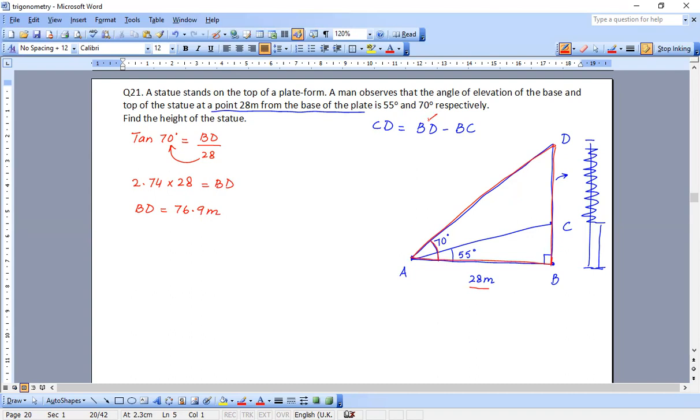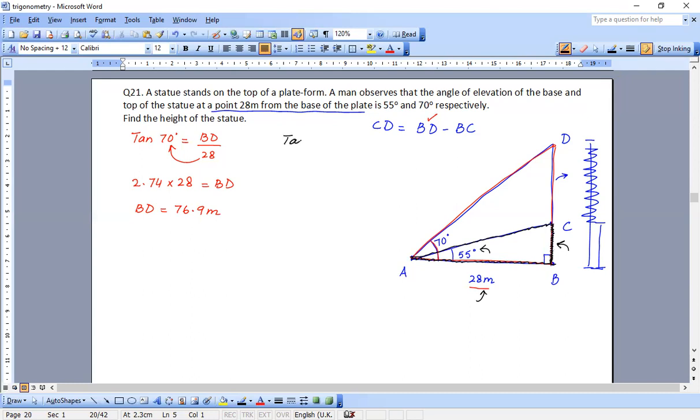I've calculated BD. Now I'm left with BC. Where is BC? If I look at BC, so this is where BC is. If I have to calculate this length, I'll consider this triangle over here. This triangle is again a right angle triangle, and we'll consider this triangle to find out the length of BC. Again, in this triangle, which is triangle ABC, it's a right angle triangle. I have an angle which is 55 degrees, and with this as my angle, 28 again becomes my adjacent, and BC becomes my opposite.